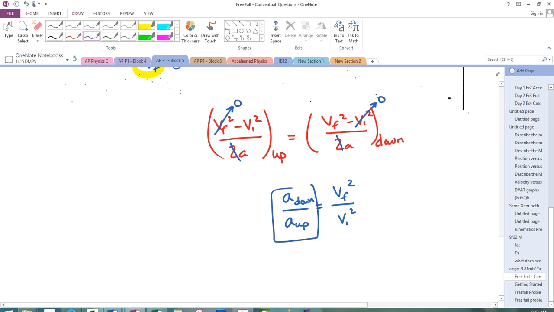Less than 1. This thing is less than 1. So what do you know about this thing here? It's less than 1. And if it's less than 1, what do you know about Vf? They're not equal. So do you understand what we're talking about? This ratio is less than 1. So that means this ratio has to be less than 1.